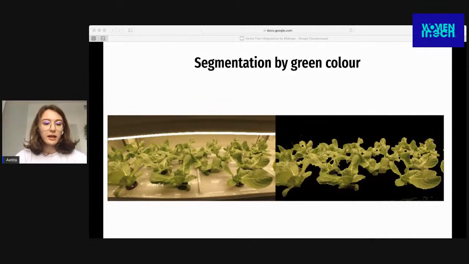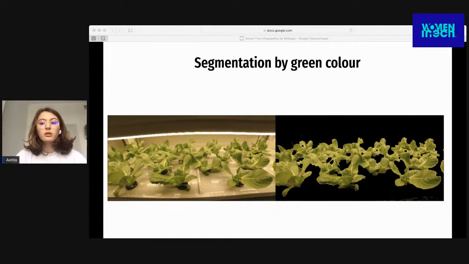As you can see on the slide, we used segmentation by green color because we wanted to estimate the area of the plants, as this is one of the most valuable pieces of information that we can get from pictures. You may think that we can then just estimate the weight of the whole shelf by calculating the dependence of area and weight.